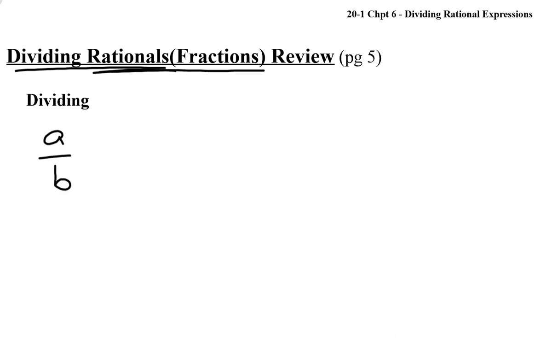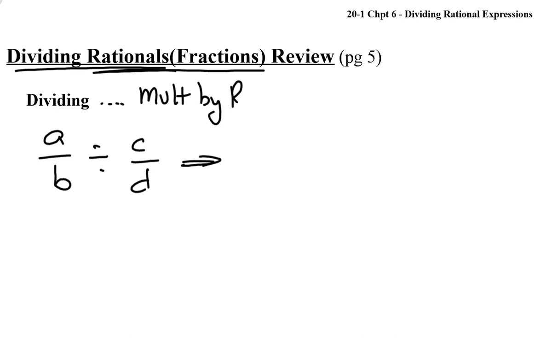Remember, if we have fractions that are being divided, we don't actually divide fractions. What do we want to do? We want to multiply by the reciprocal. So that's what we need to do. Our first rational stays as is, but here's the big change.